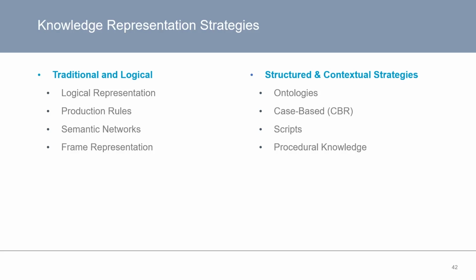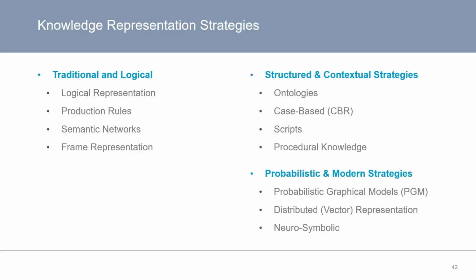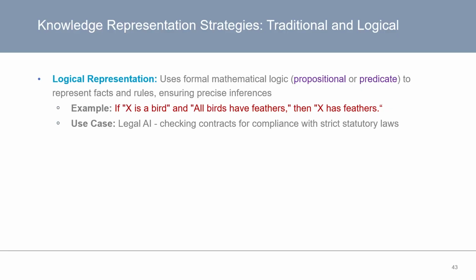And these include ontologies, case-based representations, scripts, and procedural knowledge. And our last group include probabilistic and modern strategies, which tend to be the engines of modern AI that can handle uncertainty and massive datasets. These include probabilistic graph models, distributed or vector representations, and neural symbolic representations. For the remaining slides in this section, we'll define each of these representations further, as well as provide brief examples and use cases.